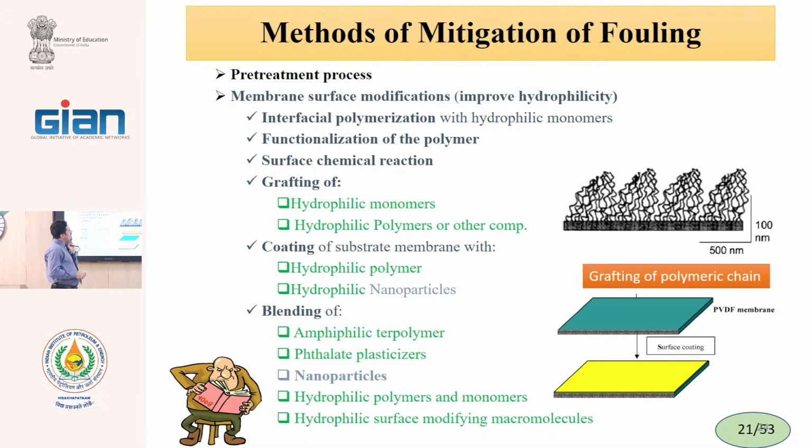As a membrane modification, as a second, there are many methods for improving the anti-fouling properties of the membrane. One method, improve hydrophilicity for MF, UF, NF, RO membranes, okay?